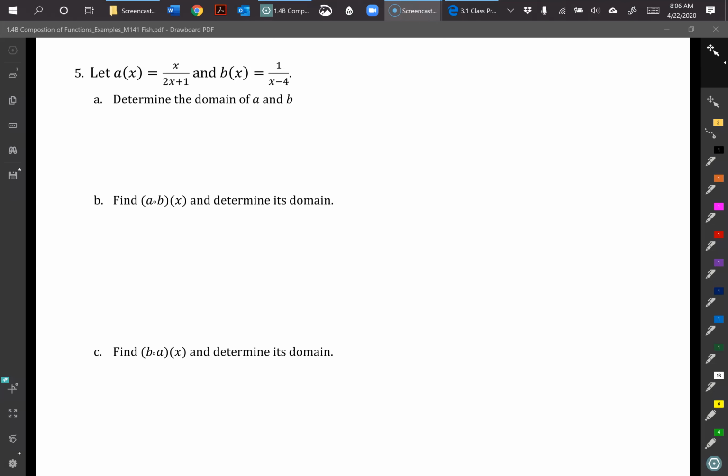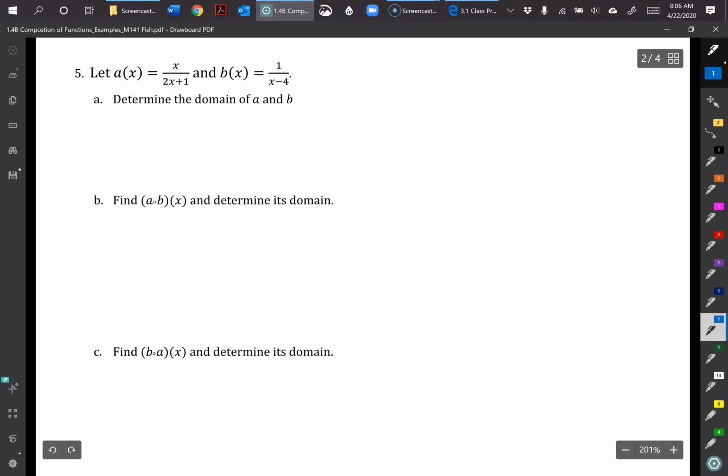You guys know how to do this, so go ahead and just do it if you want, but we can't have a 0 in the denominator, obviously. So we would have 2x plus 1 not equal to 0, and that comes out to x not equal to negative a half.